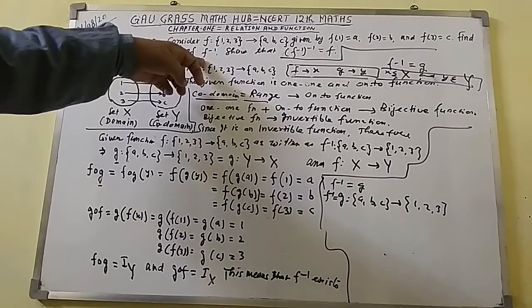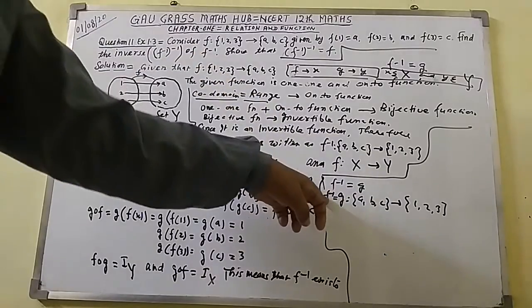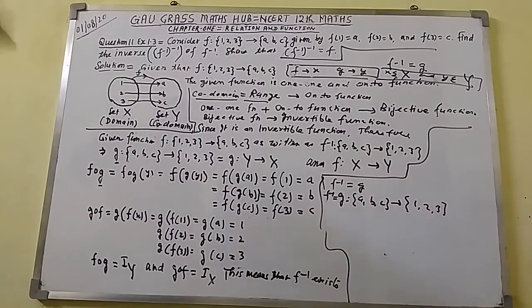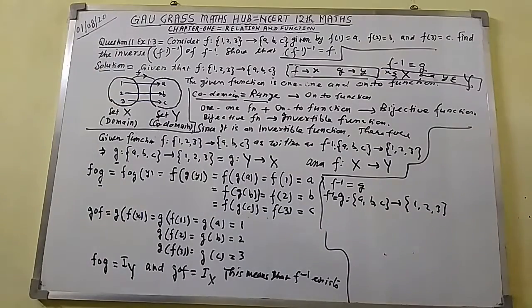Here you can see I have got the value of F inverse, F inverse equal to G. What to do here? It is asking for the inverse of F inverse.